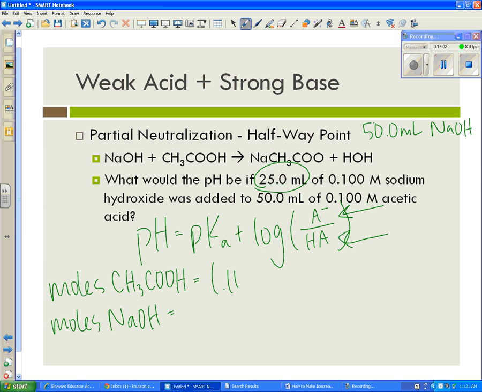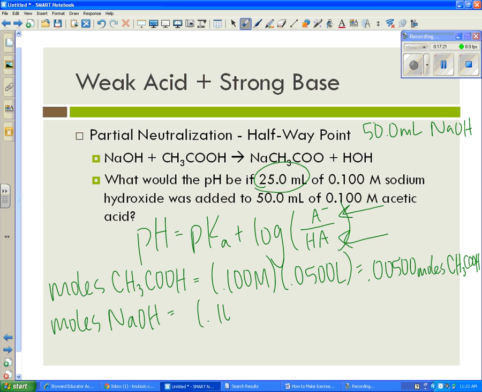So 0.100 molar times 0.0500 liters, 0.00500 moles. 0.100 molar times 0.0250 liters, 0.00250 moles.